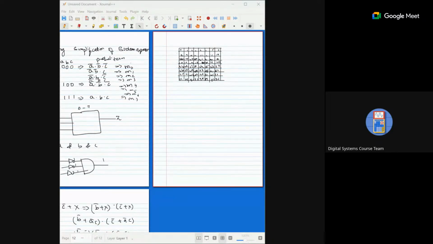Fine. Please find the adjacent cell for this min term M48. And before that, you just tell me how many bits are required to represent this term.